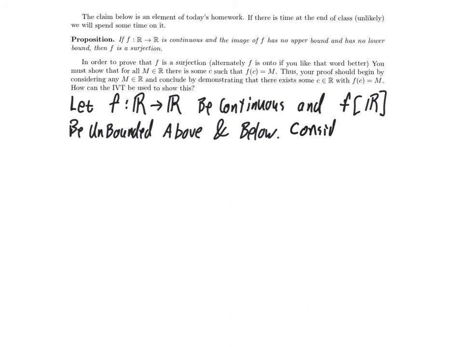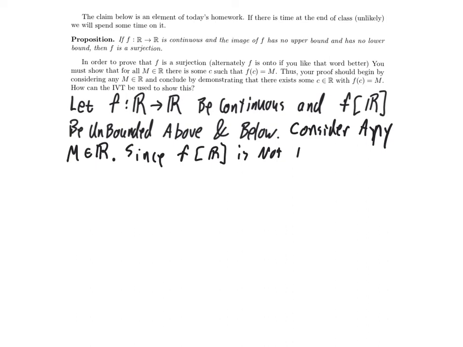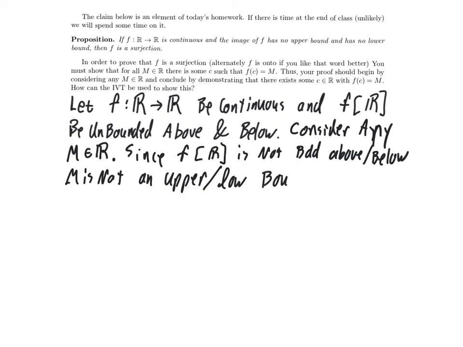Let's consider any m in R. Since f of R is not bounded above or below, m is neither an upper nor a lower bound on f of R. What does it mean to not be an upper bound or not be a lower bound?